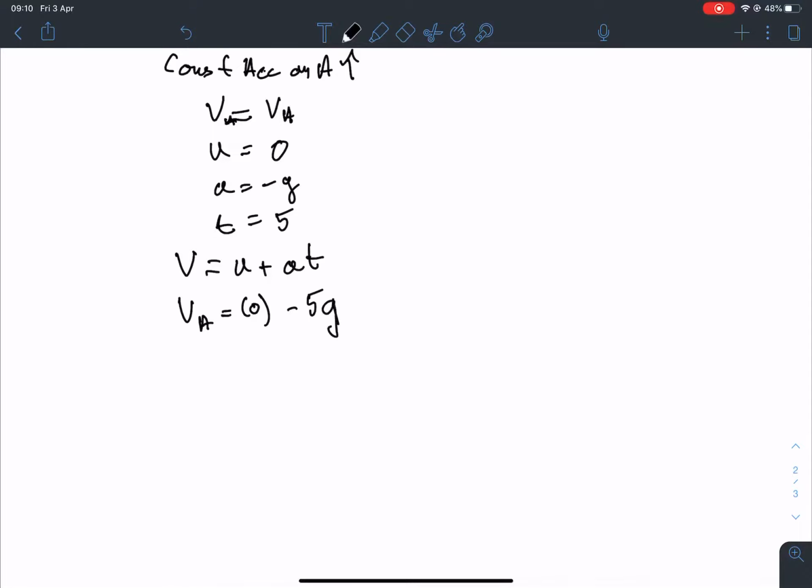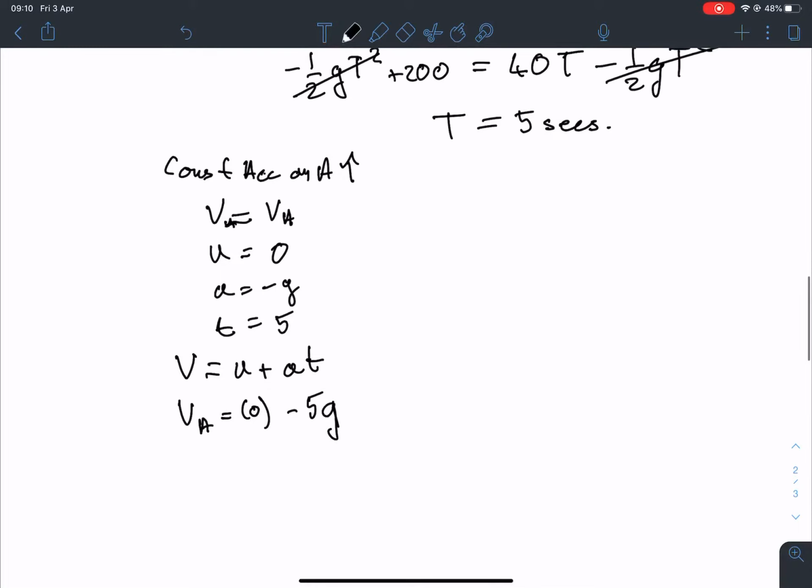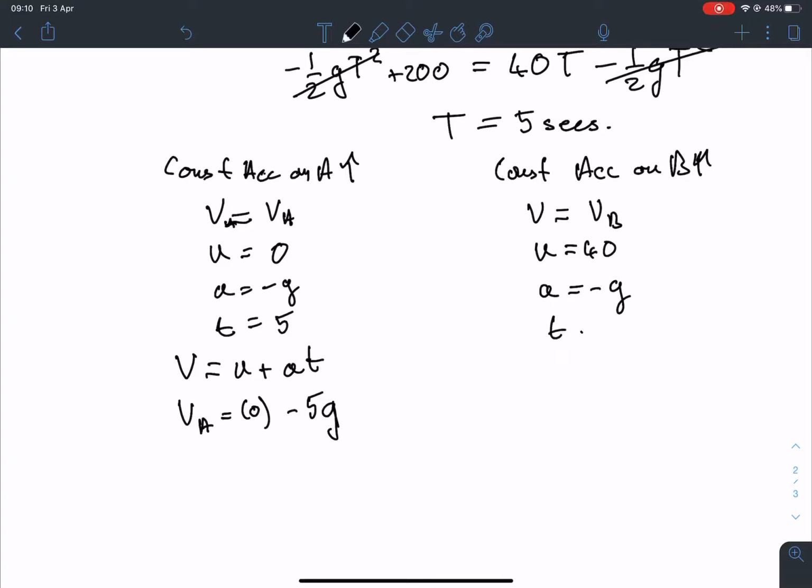So that's the time at which they collide, but we want to know their relative velocity when they collide. In effect, that's how hard or fast they are travelling relative to each other when they hit each other. So we need to find the velocity of A. Constant acceleration again on A, keeping the same positive as up.